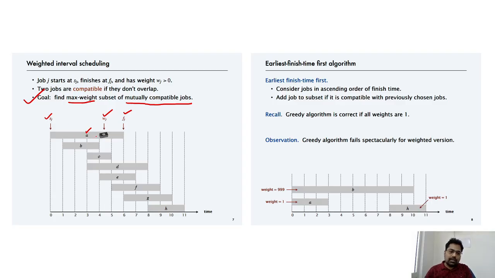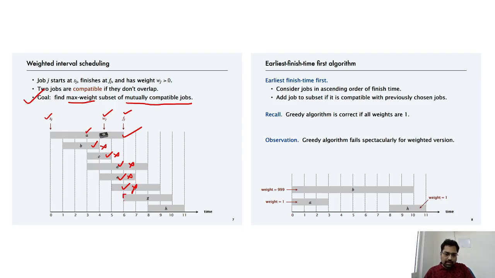So if I pick A, then within its finishing time, B is there, then C is there. Also D started and is not yet completed during this time. E also started. Now F is also within this timing. So if I pick A, then these have to be discarded.